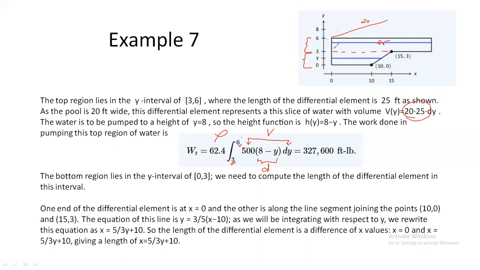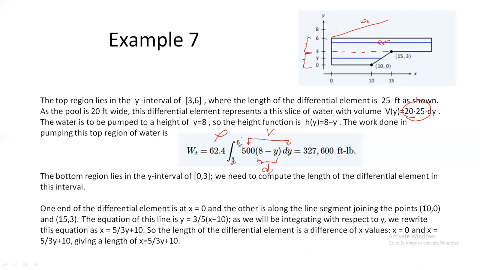Then the displacement would be this remaining part here, so that would be 8 minus y. So this is your displacement, because from here to here is 8 already. So in any particular differential element that you have chosen, its distance from the bottom of the tank is y. Then the height that will be covered is 8 minus y, or the same thing as the displacement of that differential volume of water.